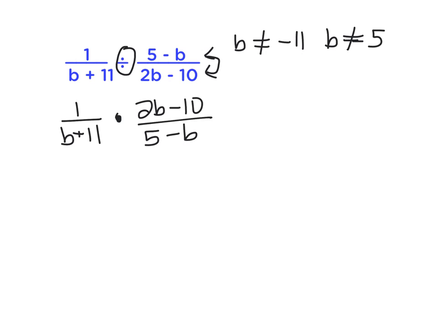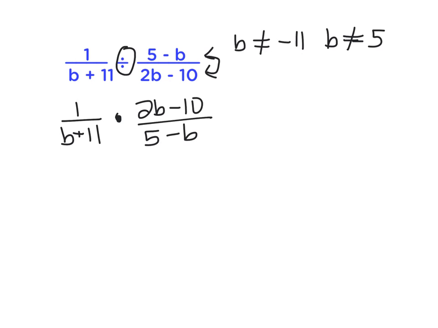Okay, so now I can go ahead and figure out how to simplify or cross out or cancel anything. So if I look at this, I've got a b minus 10 on top. I've got a 5 minus b on bottom. So they're kind of in opposite orders. I'm going to just switch the order of this guy on top so that I have my number first and my b second, just so that they're in the same order, top and bottom.